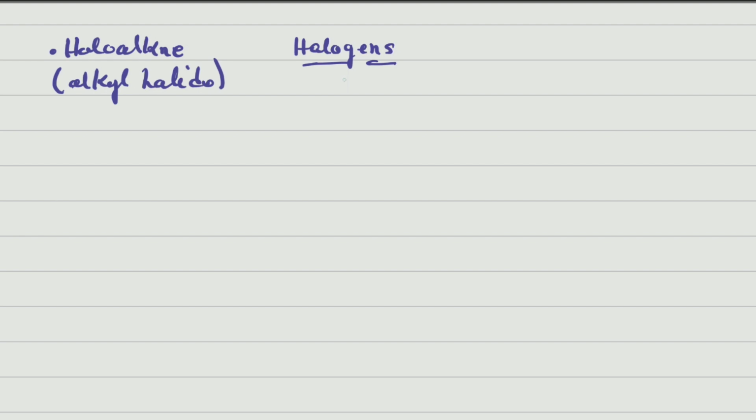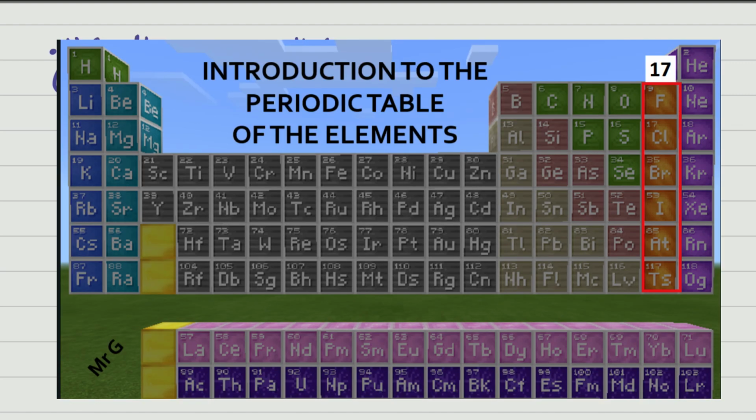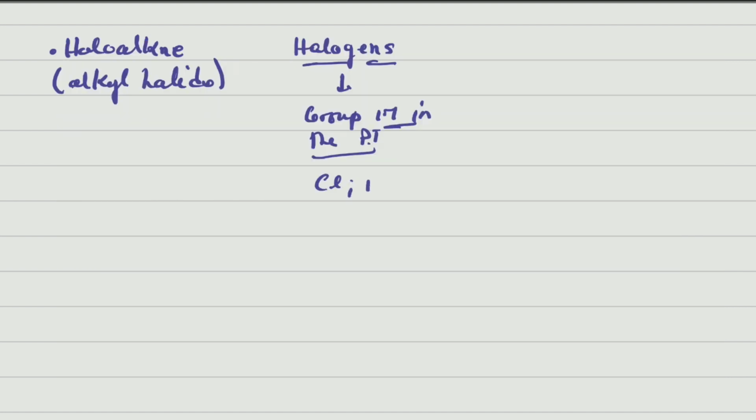Remember, halogens are group 17 in the periodic table, say for instance chlorine, fluorine, bromine, iodine. Those are the ones I'm talking about here.